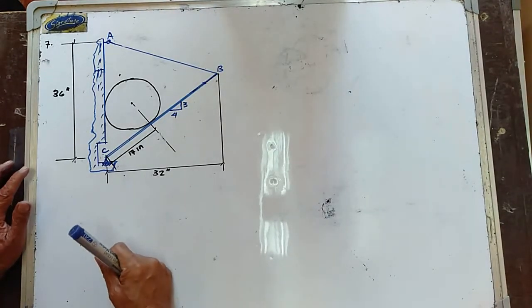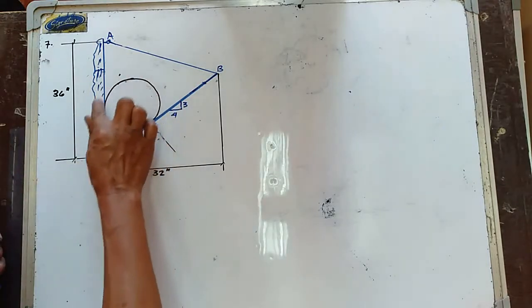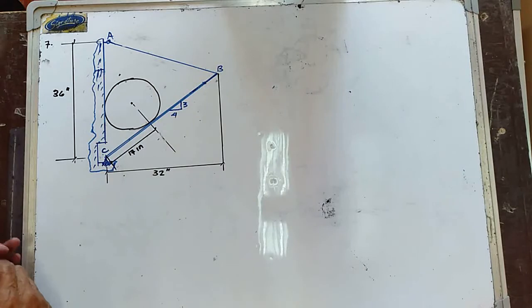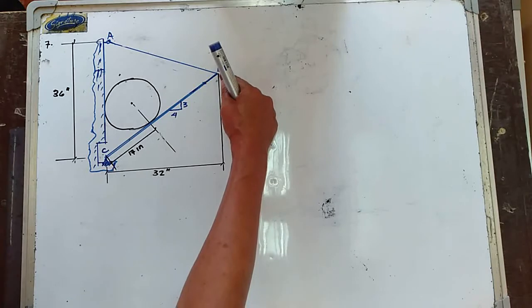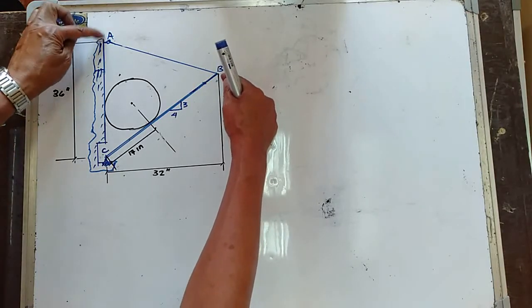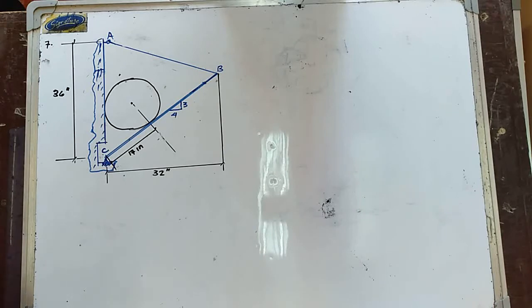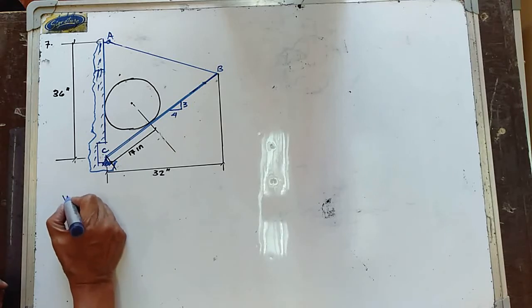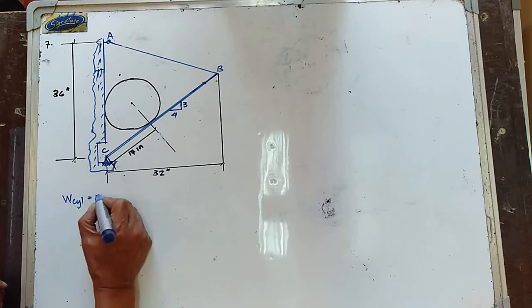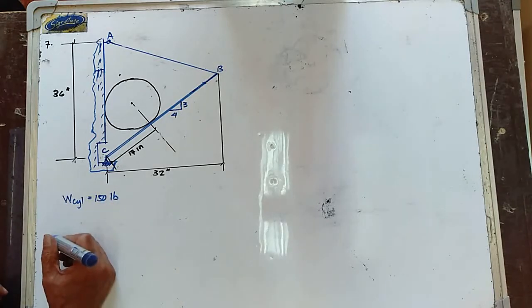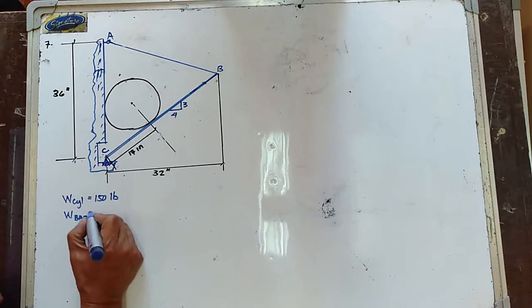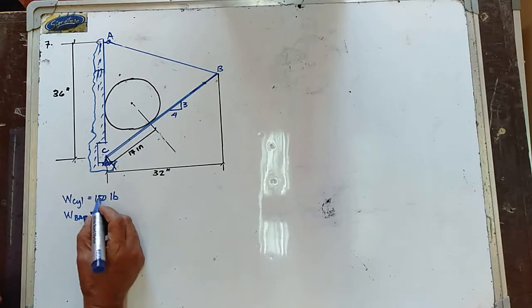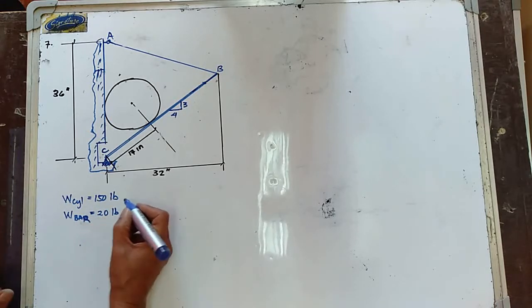Okay, so for this problem, a cylinder is supported by a bar. So you have bar CB and a cable AB as shown. The weight of the cylinder is 150 pounds, and the weight of the bar is equal to 20 pounds.